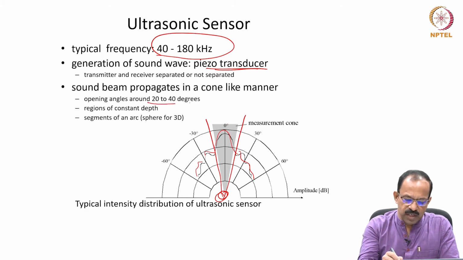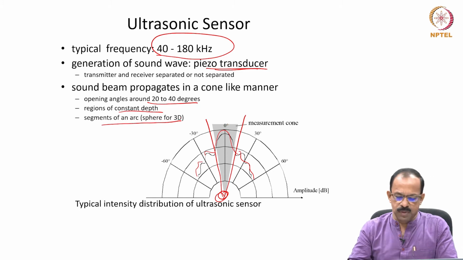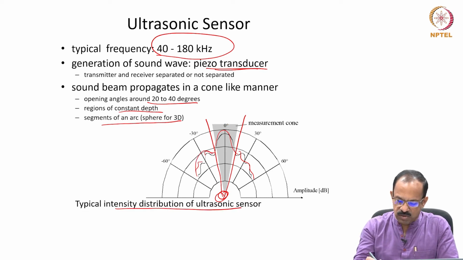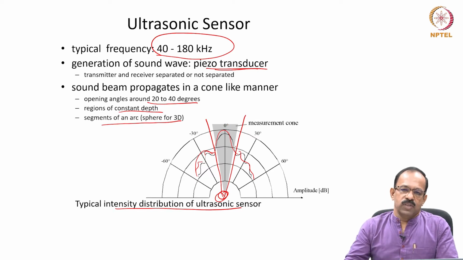So, 20 to 40 degrees, and regions of constant depth and segments of an arc, sphere, or for 3D. So, you can have 2-dimensional or 3-dimensional measurement, but in 2D you will have a cone like this. This is the way the intensity will be distributed. So, the highest intensity will be in the 20 to 40 degree cone. Okay, so that will be the way it will be transmitted.